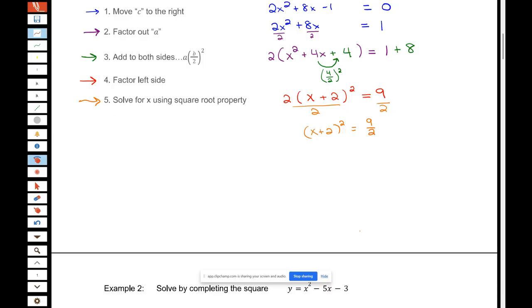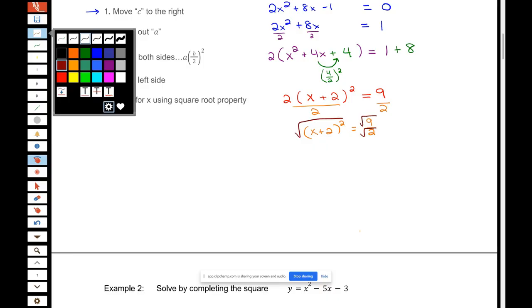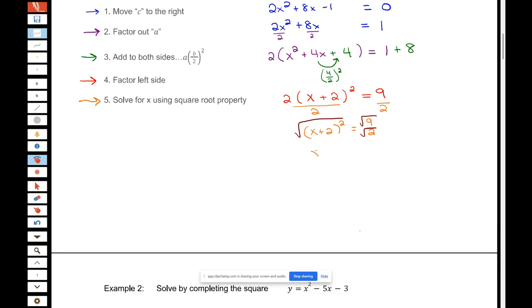Then I have to square root both sides, which means on this side, I'm going to square root both the numerator and the denominator. So I have x plus 2 equals plus or minus, the square root of 9 is 3. And then on the bottom, I have root 2. So I'm going to go ahead and rationalize that so we don't have an irrational denominator. So I have plus or minus 3 root 2 over 2. Okay, now I have to move the 2 over to the other side.